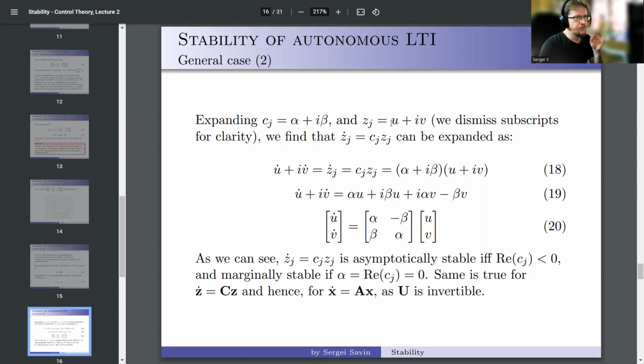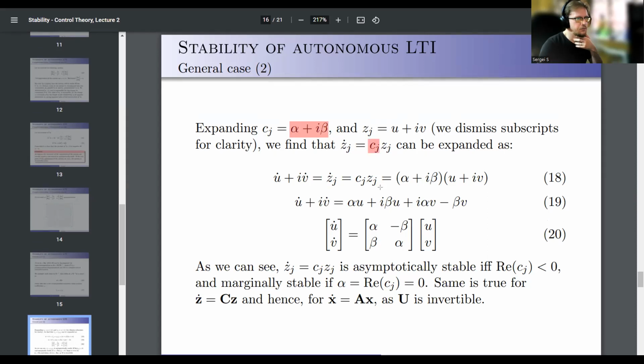By the way, I don't write i here just to make it less cluttered. Okay, now what we need to find is Z dot. What is Z dot? We can expand Z dot, which is equal to those guys. So let me try to illustrate again. C sub i is this guy, and Z sub i is this guy.